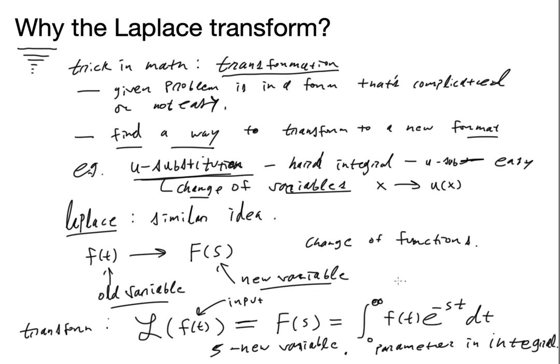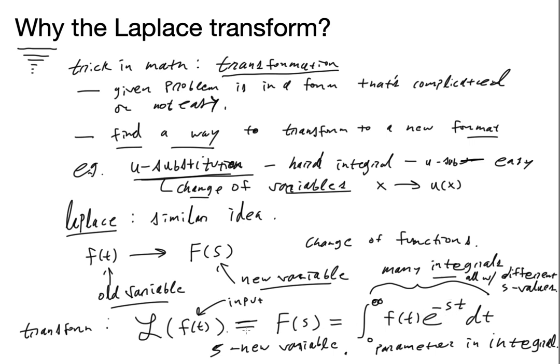Okay, the fact that it's a parameter in the integral means that there's actually many integrals, all with different s values. So for every single one of these integrals, if I change s, I change the integral that I'm computing.